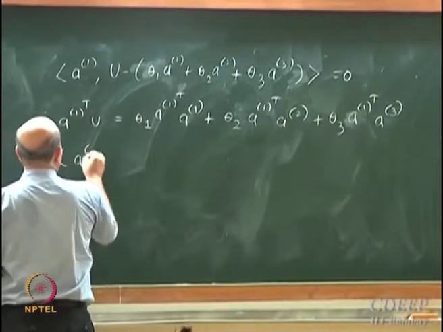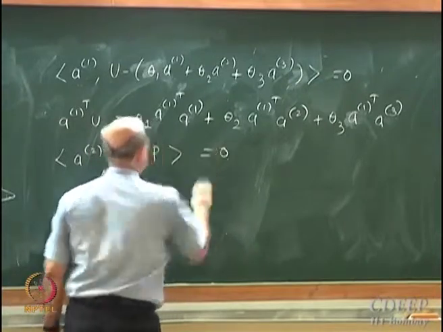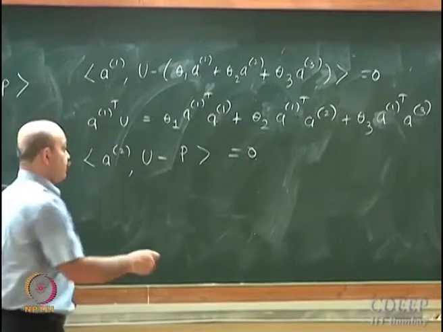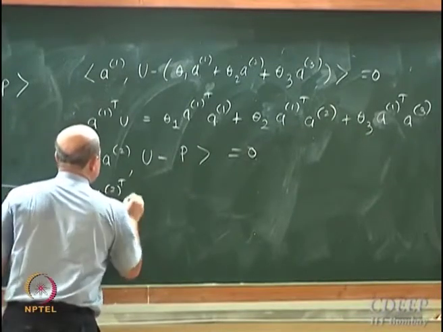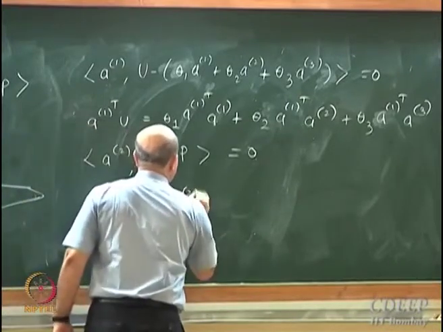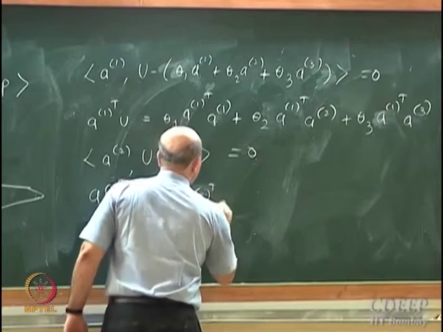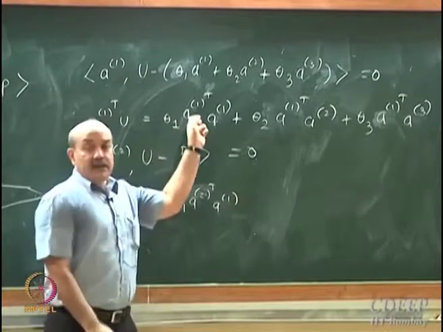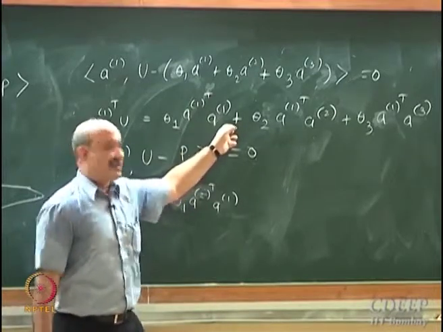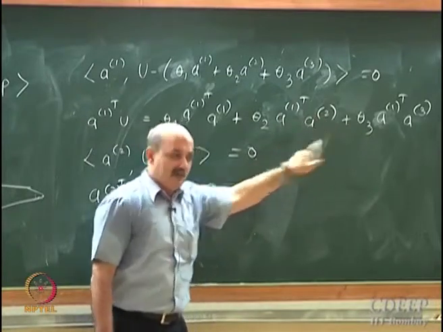What is the second equation? A2 inner product u minus p is equal to 0. What will it give you? A2 transpose u is equal to theta 1 A2 transpose A1. By the way, A1 transpose A1, is it a scalar? Always a scalar. A2 transpose A2, is it a scalar? Always a scalar, right?